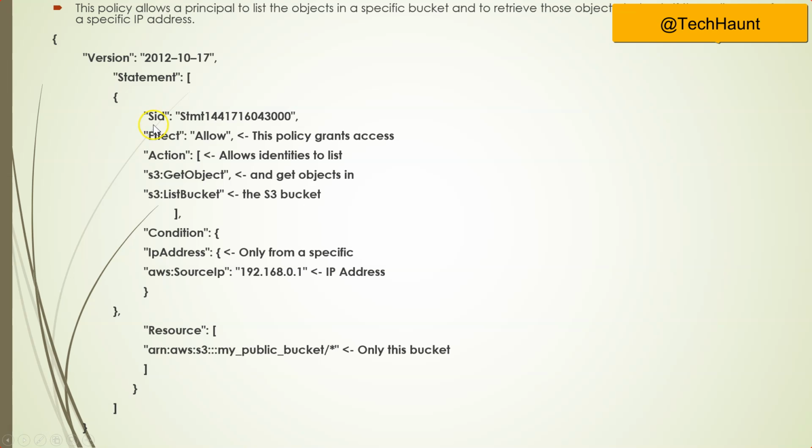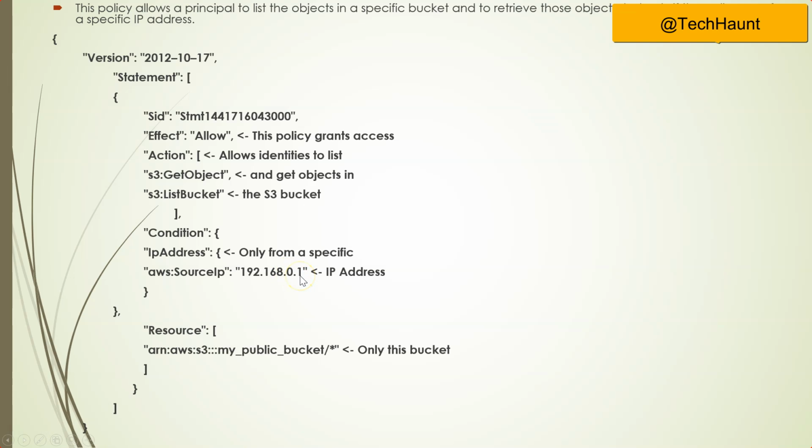So in the version, statements and their effects, the Allow, and their actions: they can do S3 GetObject and S3 ListBucket. They can't even create objects, but they can get objects and list objects, and the condition is an IP address, only from a specific IP address they have assigned. And this is the source IP address.